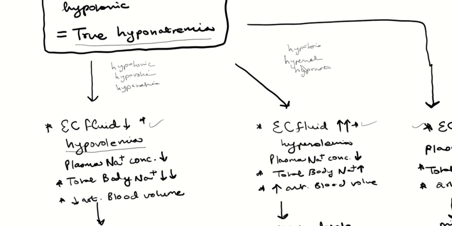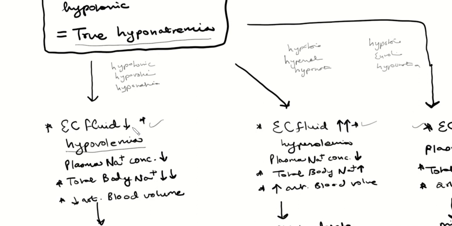So hypotonic, hypervolemic hyponatremia, okay? If I am euvolemic, right? My ECF fluid is euvolemic, then I'm hypotonic, euvolemic hyponatremia. You with me on this? See how simple it is? But I can use big terms and confuse you. It's very simple. It's true hyponatremia and then divided into three parts.